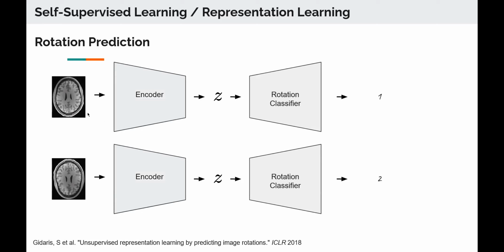And the idea is that after training on these self-supervision tasks, these networks here will learn something useful about the image. In particular, the representations that come out of the encoder will be useful for some other tasks that may be of interest. The self-supervision tasks are, at the end of the day, just a means to an end, right?